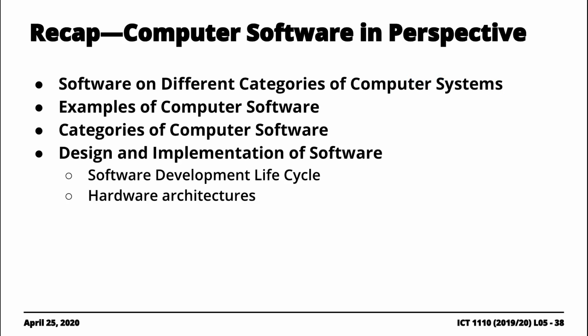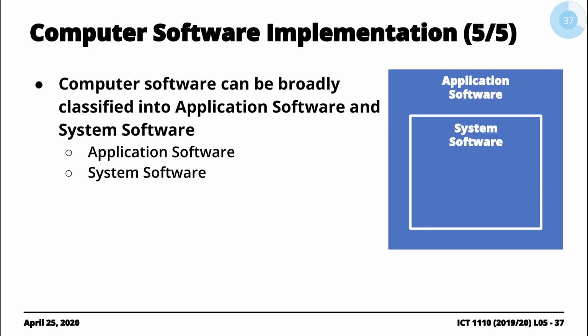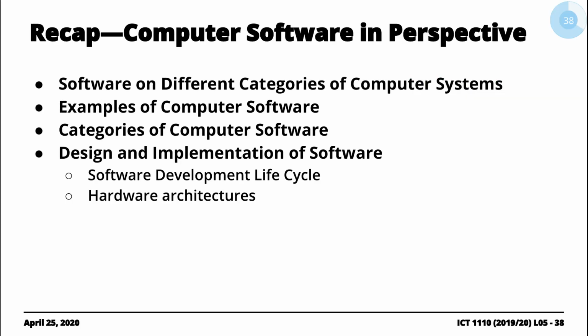But we have a lengthy chapter about application software and system software. Just to recap this particular unit, we looked at some simple examples of the sort of software applications you can find on the different range of computer systems, but we restricted our examples to microcomputers and server computers.